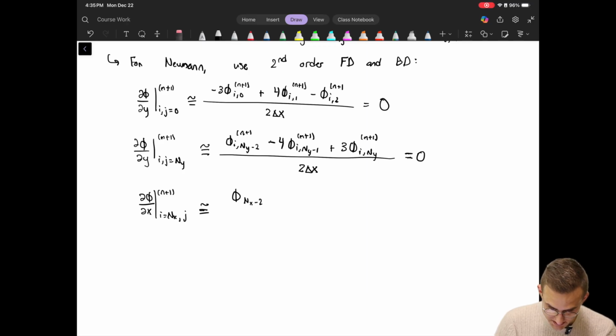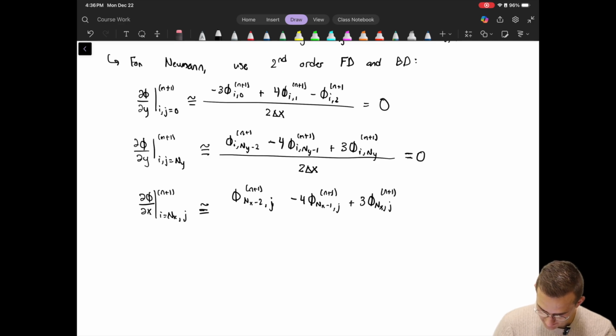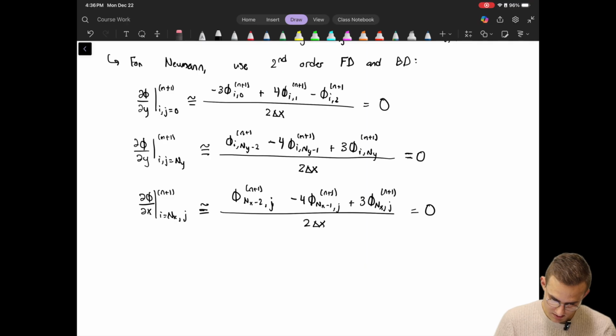So phi nx minus 2 j at time step n+1 minus 4 phi nx minus 1 j at n+1 plus 3 phi nx j, so for all j at n+1, all divided by 2 delta x equals 0.